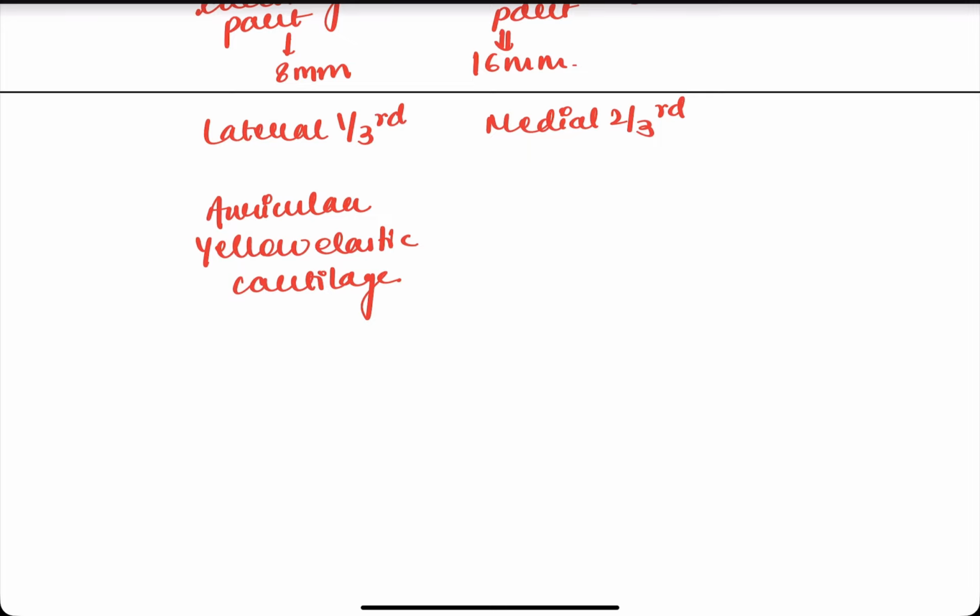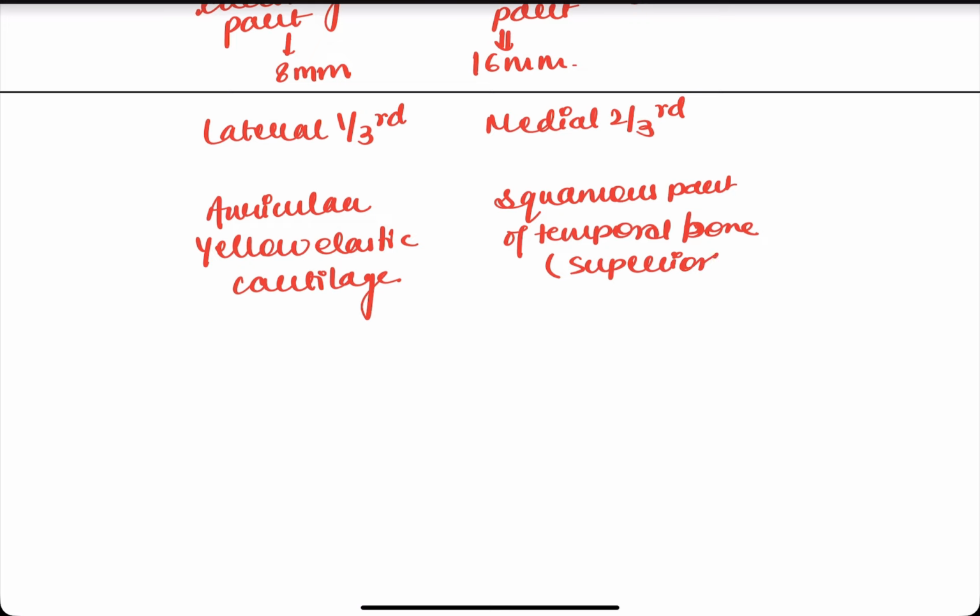And this bony part is the squamous part of the temporal bone superiorly and the mastoid part posteriorly.